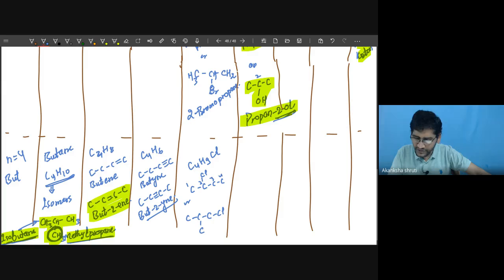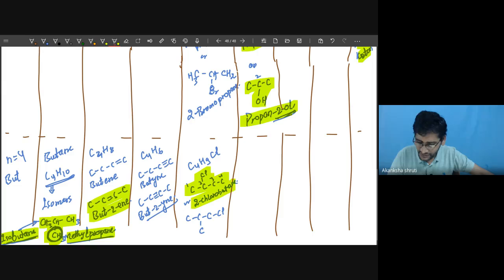This should be 3. If we number from this end, that will give us the wrong result. Otherwise, this chlorine will get the higher number. So the name will be 2-chlorobutane.